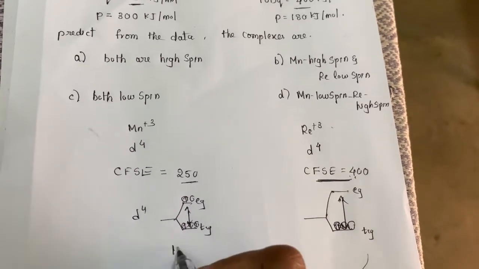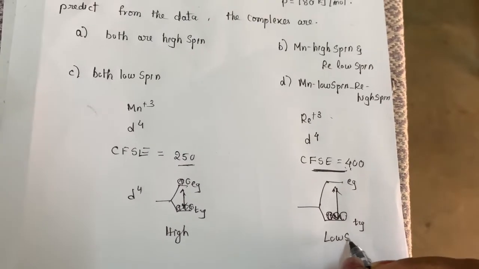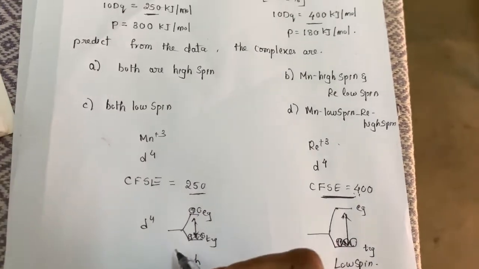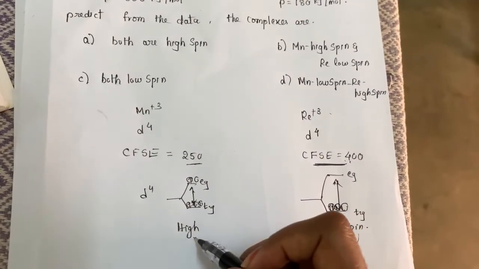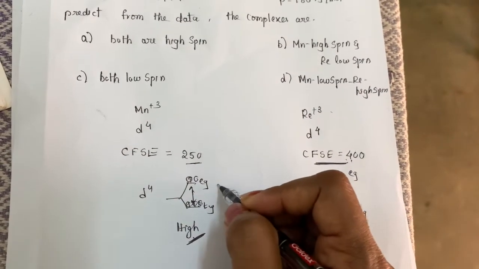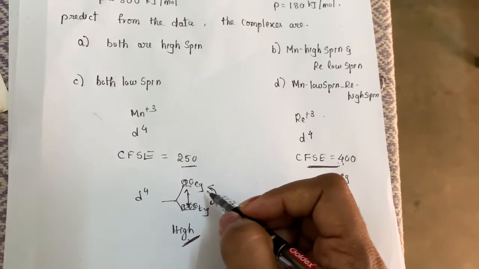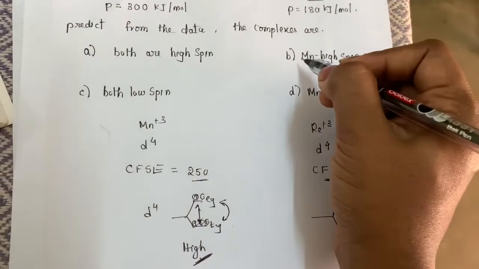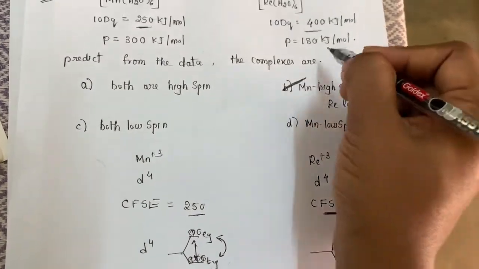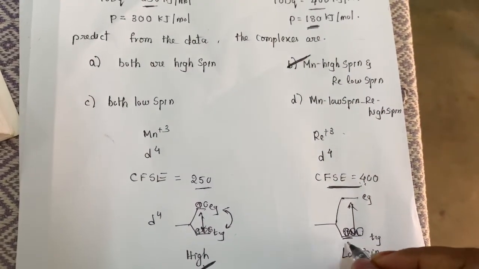That means manganese is actually a high spin complex, whereas rhenium is a low spin complex. Because the gap is low, the electron can jump here, and the pairing energy is very high. But rhenium is a low spin complex because its pairing energy is very low, so it can get paired up easily in the t2g level itself.